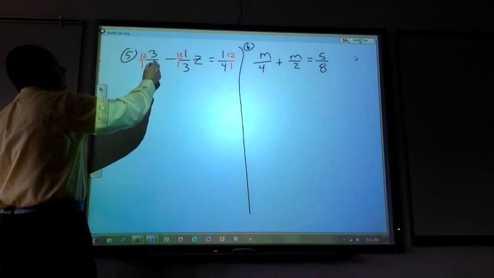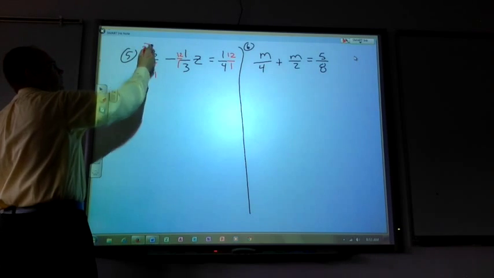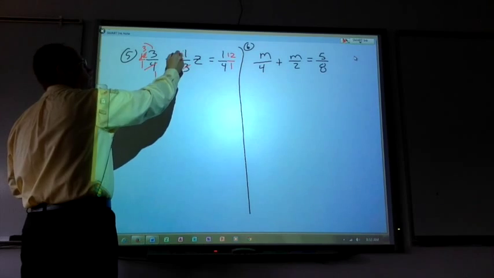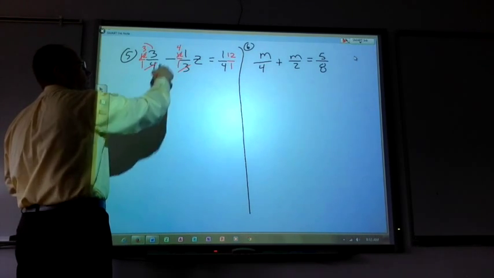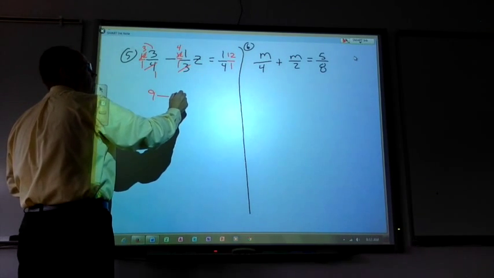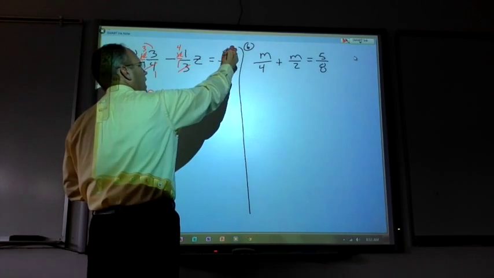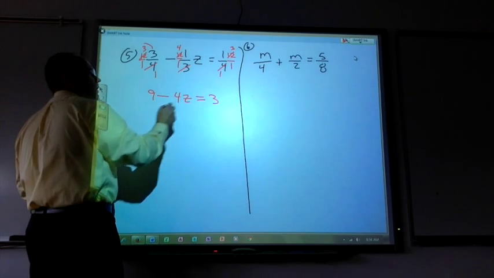Okay. 4 goes into 12 how many times? 3 times. Then I get this 3 times 3, which gives me 9. Minus 3 goes into 12 how many times? 4. What do I need to make sure I bring down? The minus needs to come down, and what do I have here left? 4 and Z. Okay, and then 4 goes into this 3 times, which gives me 3.